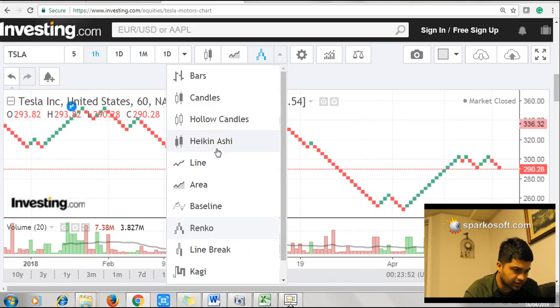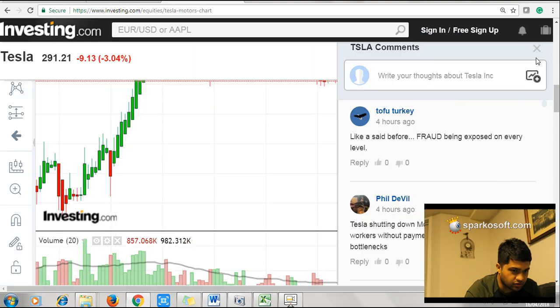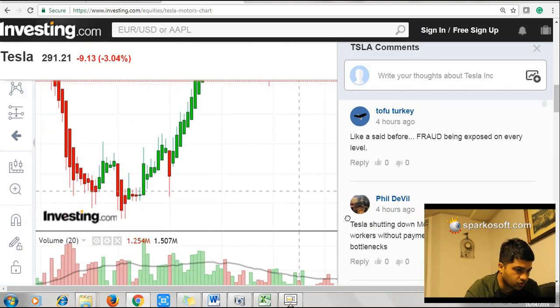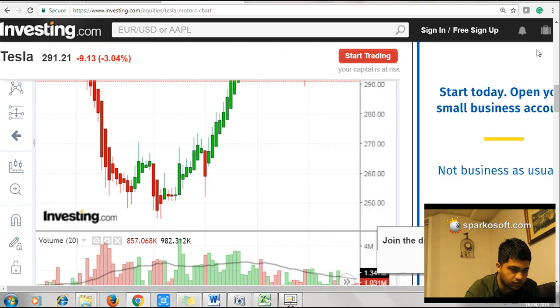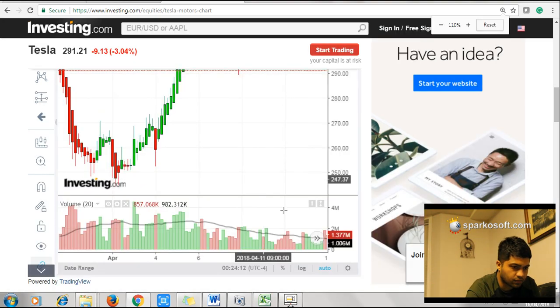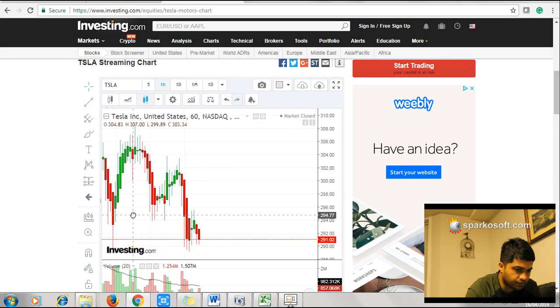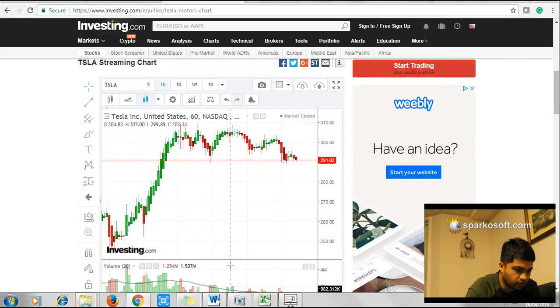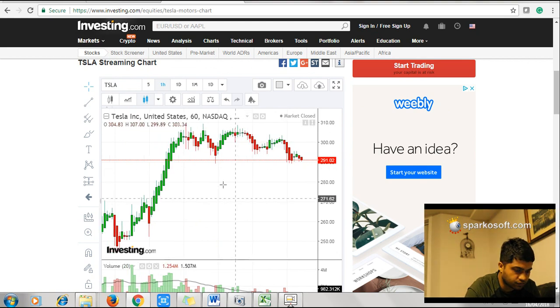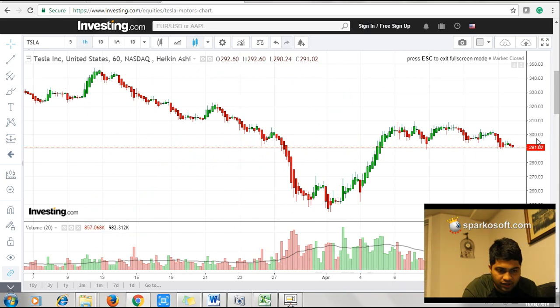Let's look at normal Heikin Ashi candles, so average candles. So the stock is currently here.